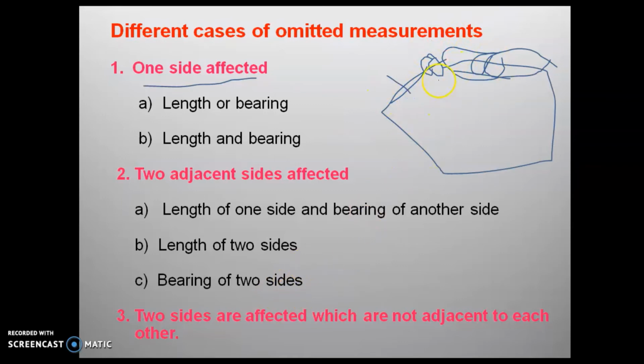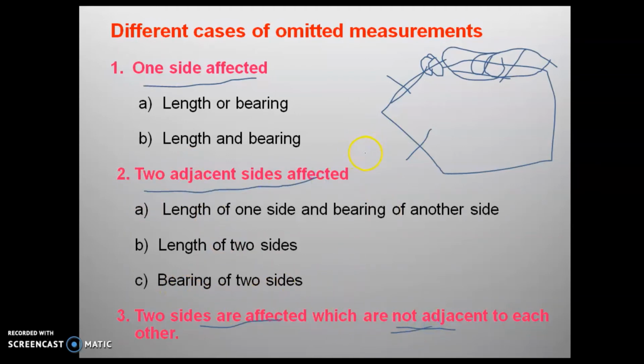The third case will be this: here the length has been forgotten and here the bearing has been forgotten, or here the length has been forgotten. So 2 sides are affected which are not adjacent. Observe keenly: in one case 2 adjacent sides are affected, in the other 2 sides which are not adjacent.